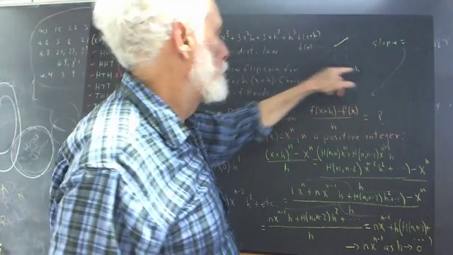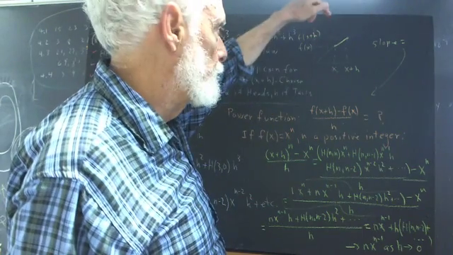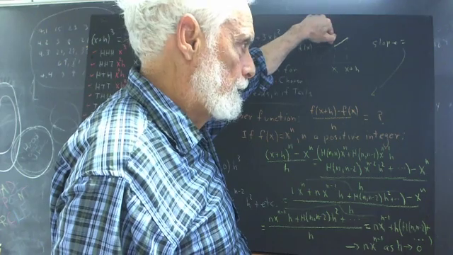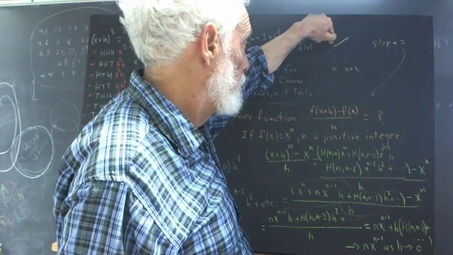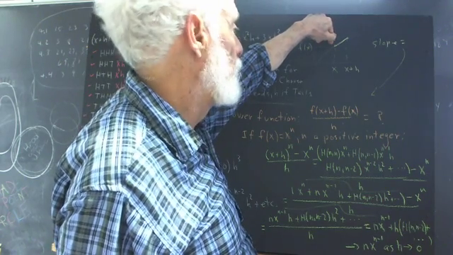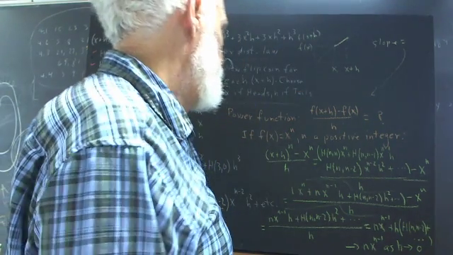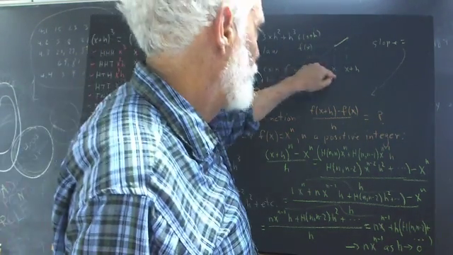And as h approaches 0, that slope approaches the slope of the tangent line at the graph point where the x-coordinate is x. The point of tangency is at x.